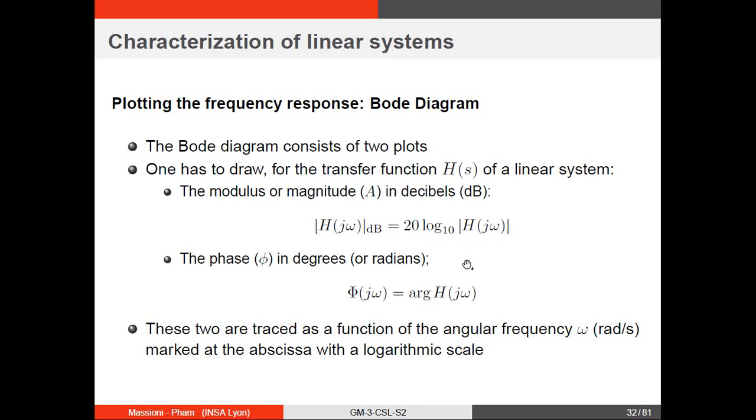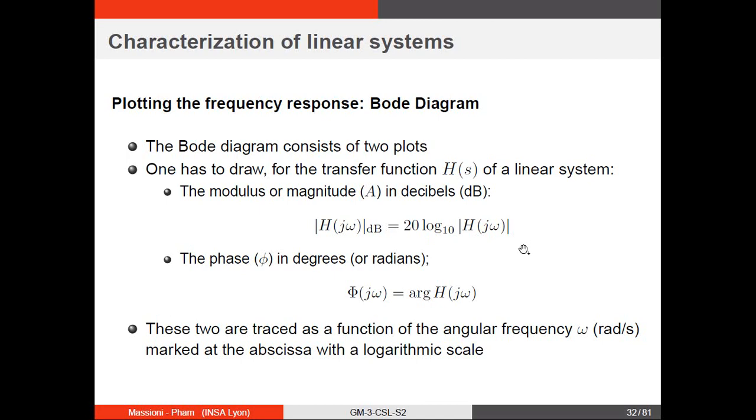Don't ask me why it is like this, it's just for historical reasons. So if the modulus of h of j omega is 1, you get log 10 of 1, which is 0, so you get 0 decibel. If the modulus of h of j omega is 10, you get log 10 of 10, which is 1, so 20 decibel, etc.